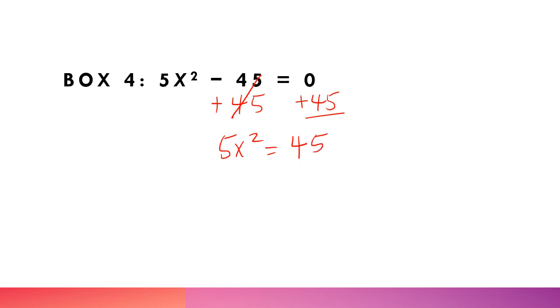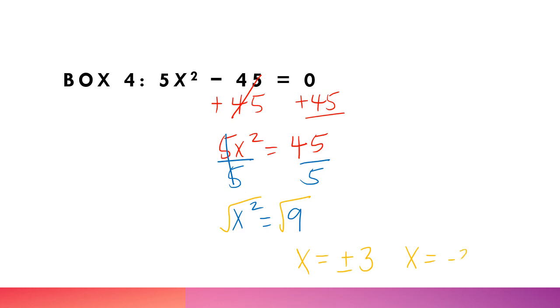Then we're going to divide by 5. Leaves us with x squared equals 9. Then we're going to take our square root. And we're left with x equals plus or minus 3. So x equals negative 3, x equals positive 3.